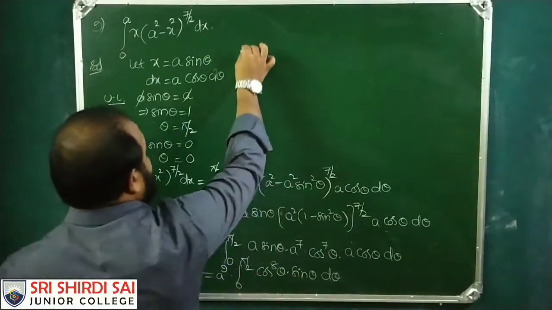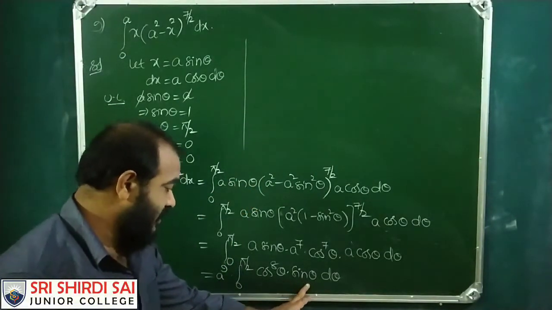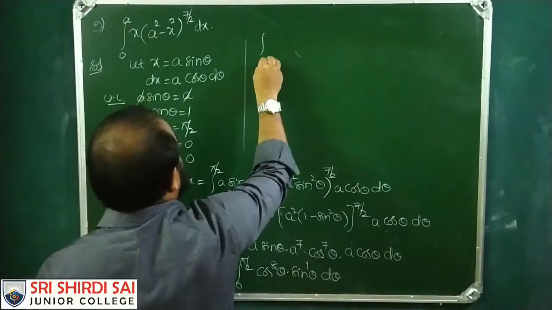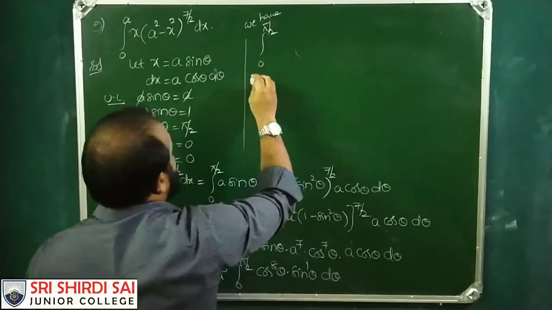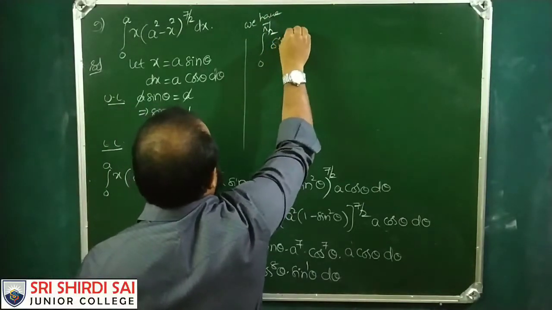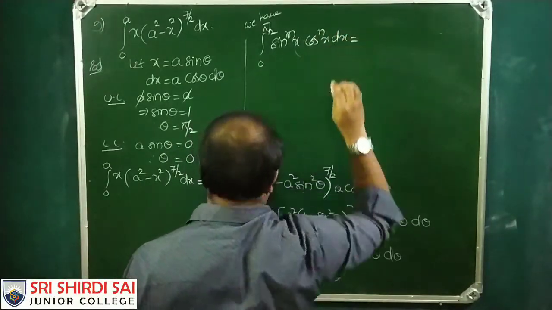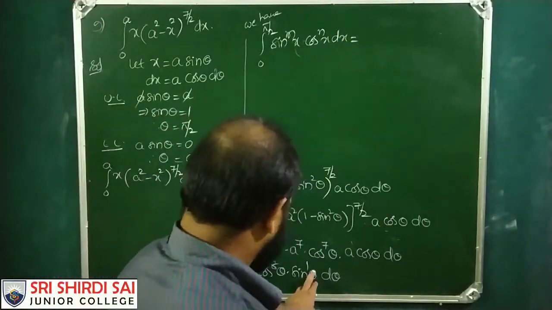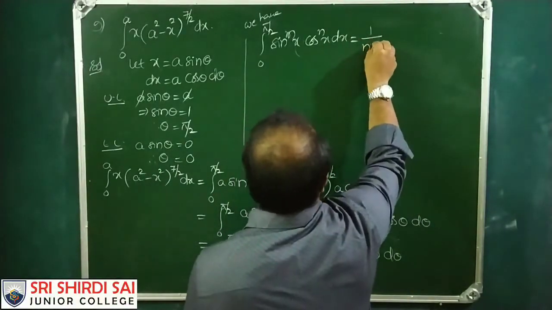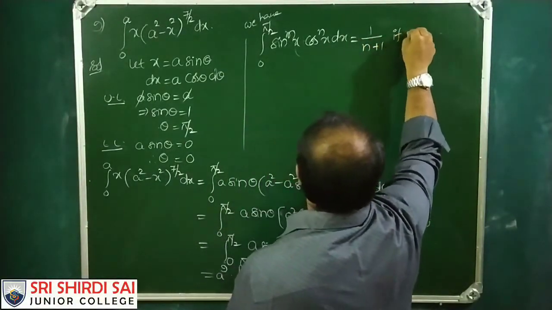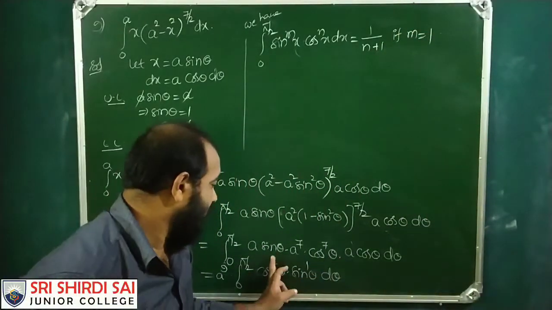So here, since n is equal to 1, the integral from 0 to pi by 2 of sin power m x into cos power n x dx is equal to 1 by n plus 1 if m equals 1, because here it is sin theta.